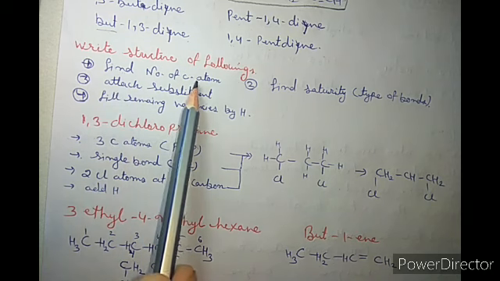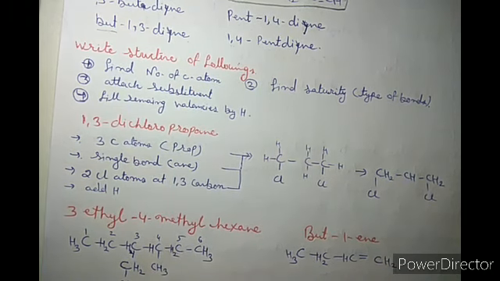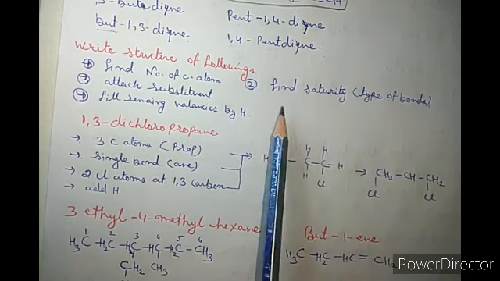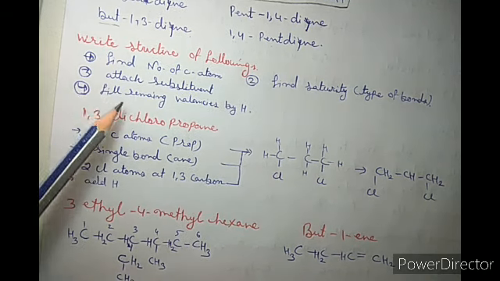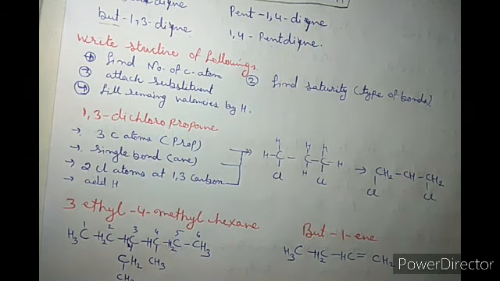First, find the number of carbon. From the name prefix like prop or but, we can easily get the number of carbon atoms. Second, find the saturation, that is the type of bonds, from ane, ene, ine. Third, attach substituents. If there is any substituent given, like 2-methyl, 3-ethyl, 4-butyl, then we have to attach the substituent. And last, the remaining valencies of carbon we will fill with hydrogens.